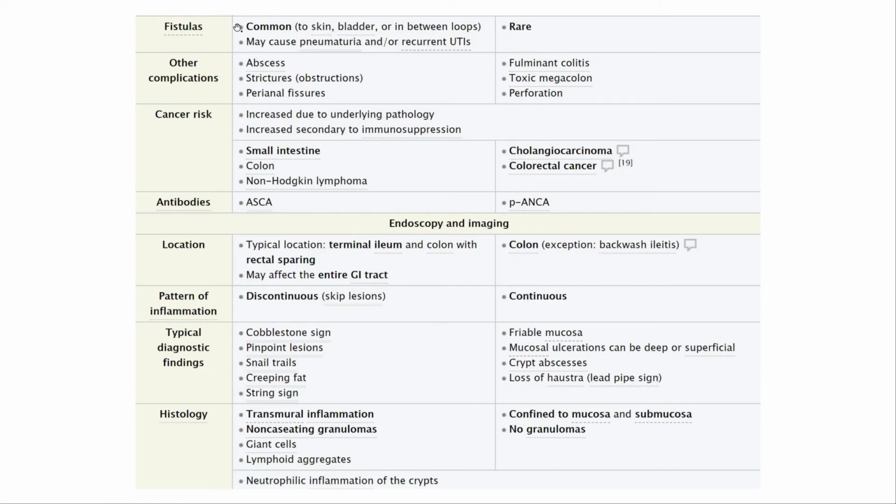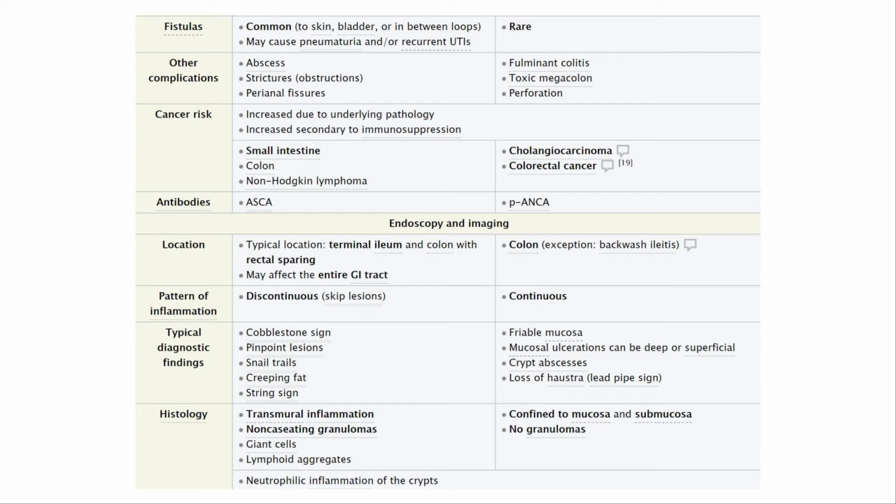Fistulas are more common in Crohn's, and also abscesses and perianal fissures and strictures. The best way I remember this is the radiological feature that Crohn's has, the string sign from the stricturing of the bowel.